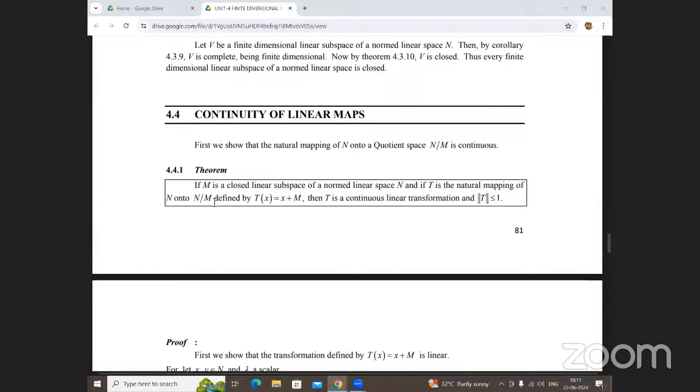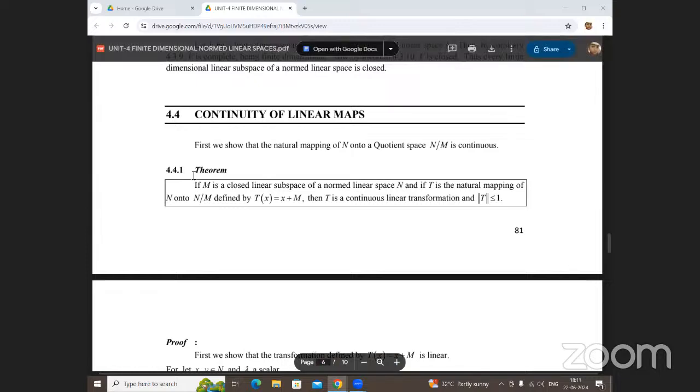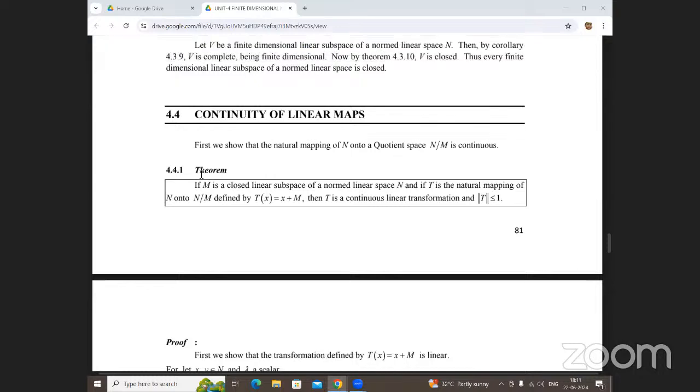Okay. This theorem is very important for the continuity of linear maps.